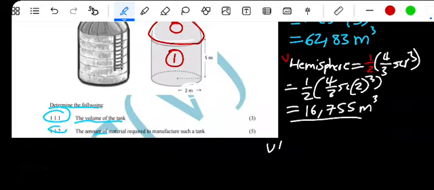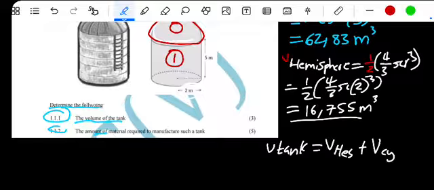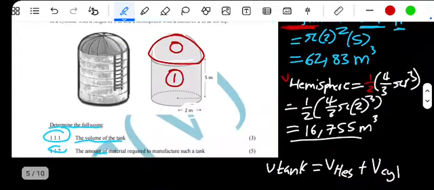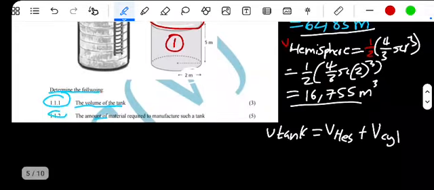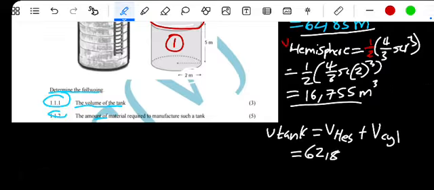All right, so now let us find the volume of the tank. The volume of the tank will simply equal the sum of the two: the volume of the hemisphere plus the volume of the cylinder. Let me write it in a correct form.